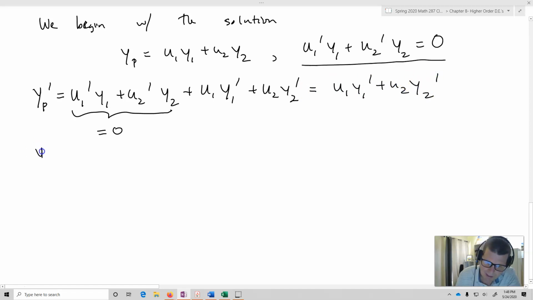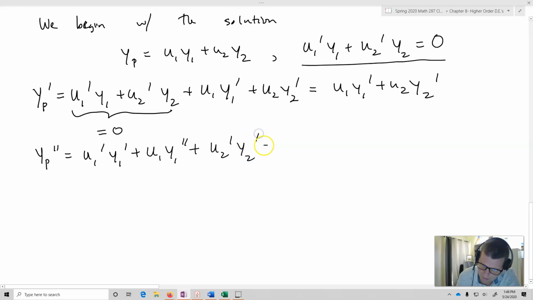Then yp double prime is going to equal u1 prime y1 prime plus u1 y1 double prime plus u2 prime y2 prime plus u2 y2 double prime. Then we're going to substitute back in, and I'll do that on the next page.